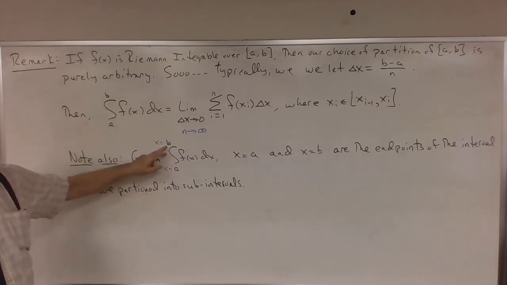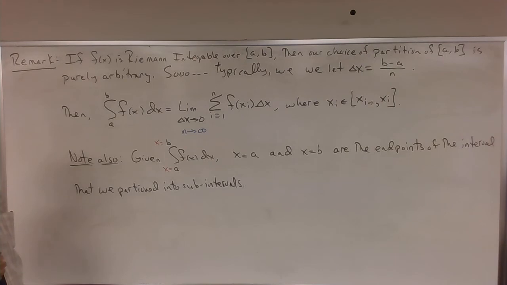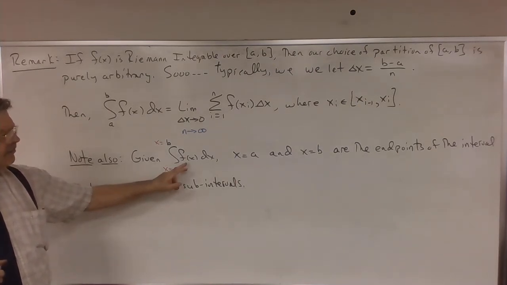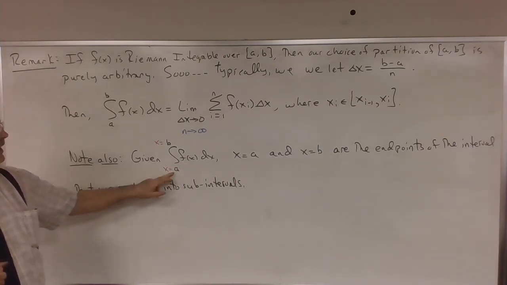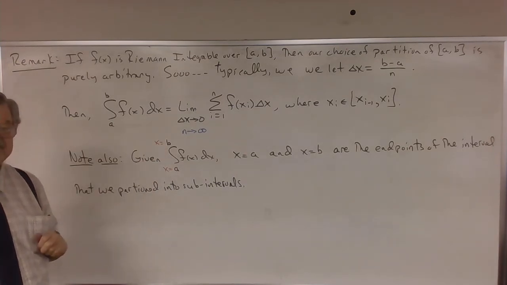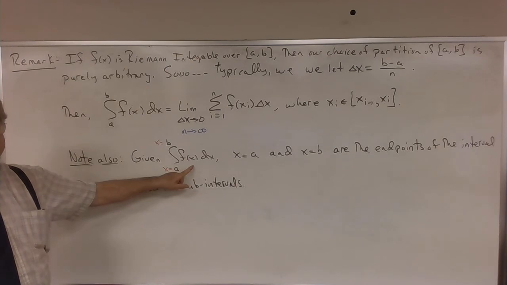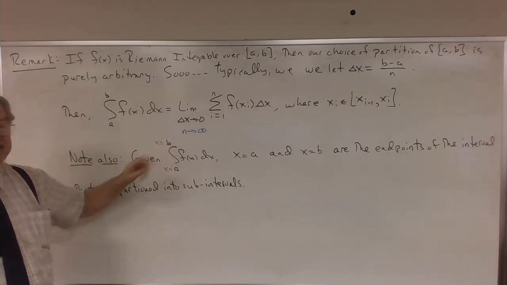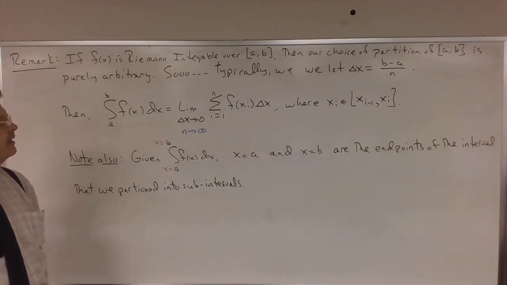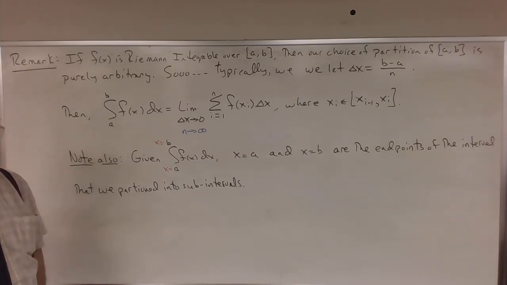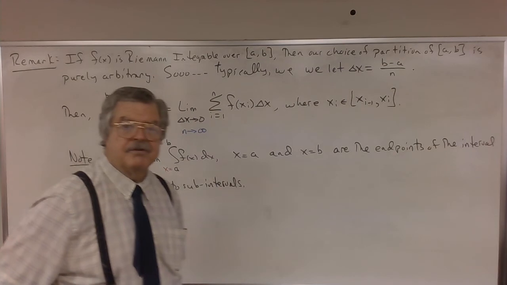The lower and upper limits, respectively, are the endpoints of the interval that we partitioned into subintervals. So when we see an integral like this, from x equal a to x equal b, know that this integral originally started out as a partitioning of the interval from a to b on the x-axis, and a and b were the endpoints. That's very helpful to remember.